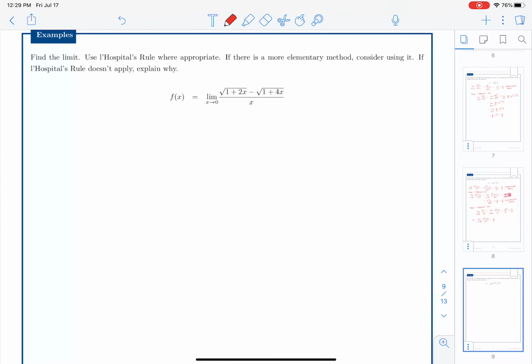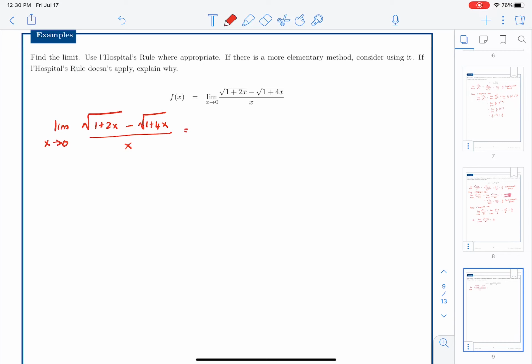We want to find the limit of this function. The first step is to evaluate the limit. So the limit as x approaches 0 of the square root of 1 plus 2x minus the square root of 1 plus 4x, divided by x.